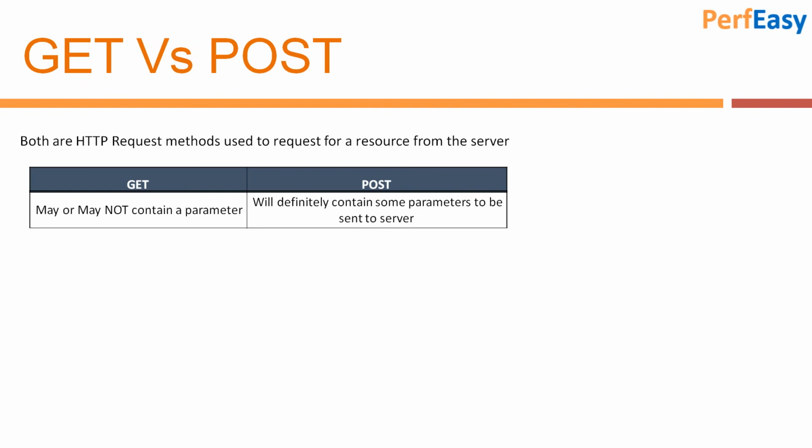I just need to give the server name, the path of the resource and the proper name of the resource, with a minimum number of header fields, and I may get that logo.jpg onto my system or the client. But in case of post, we use post only when we have to send some value or a parameter to the server.